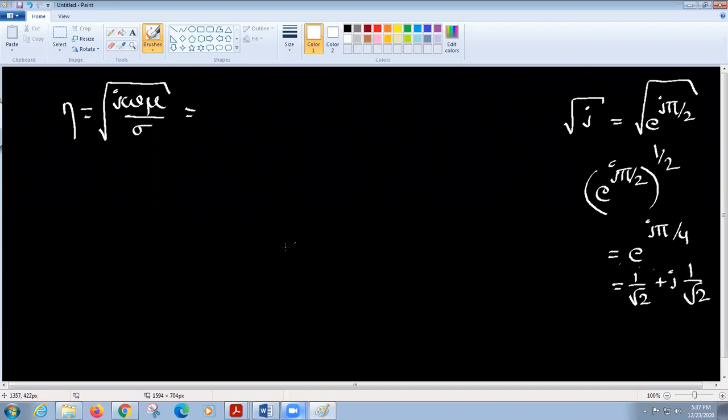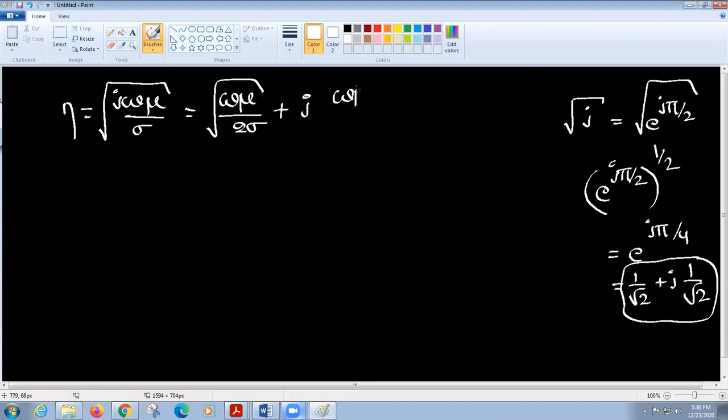So I get j omega mu over 2 sigma, and the intrinsic impedance of the brass material is given like this. I can take one part as some skin resistance R_s, and the other, with j, as some reactance.